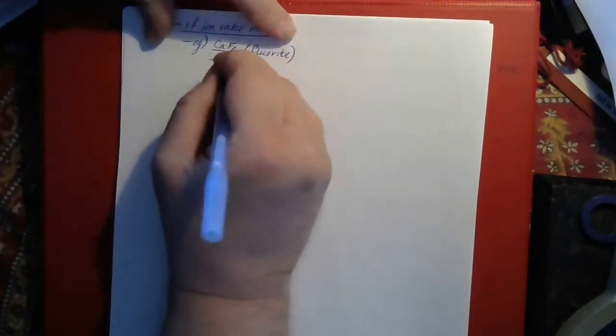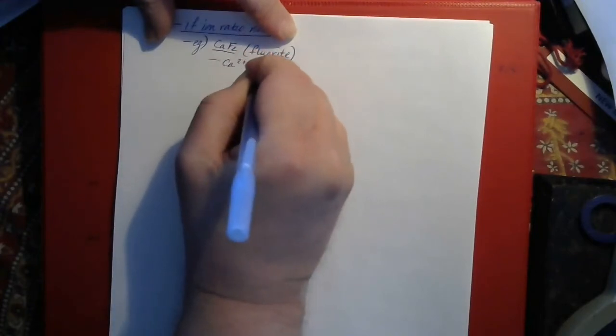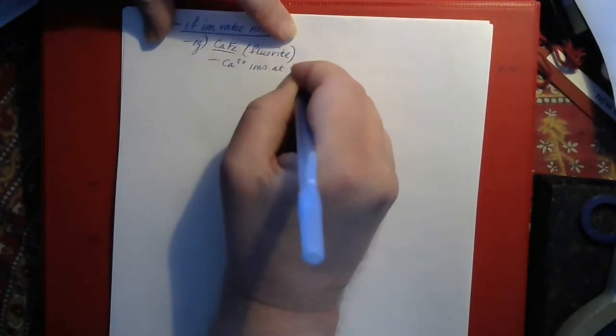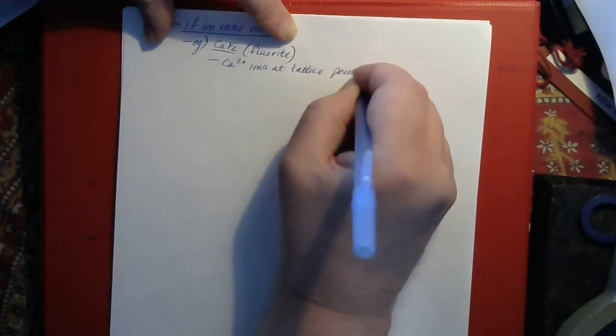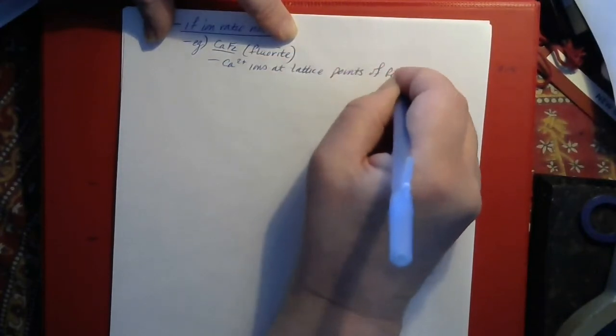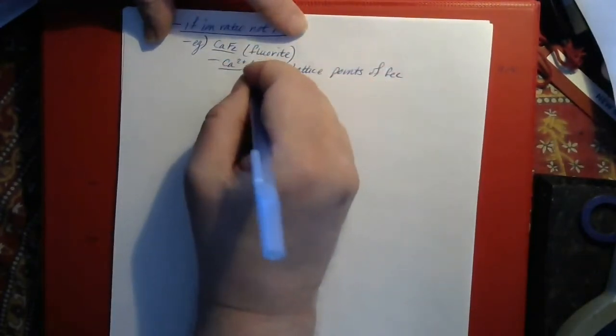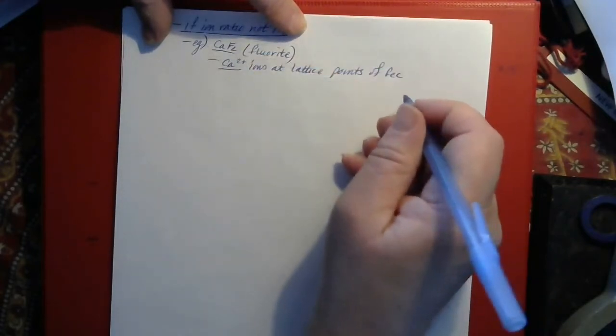Important facts about this is we have the calcium ions at the lattice points for a face-centered cubic unit cell.